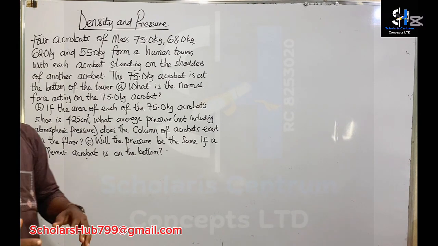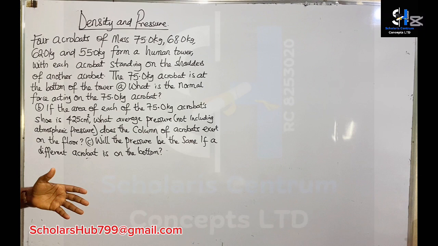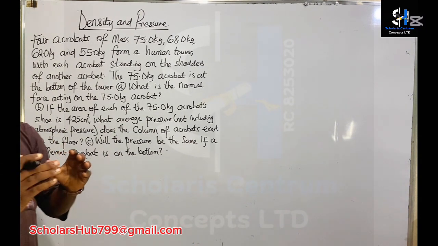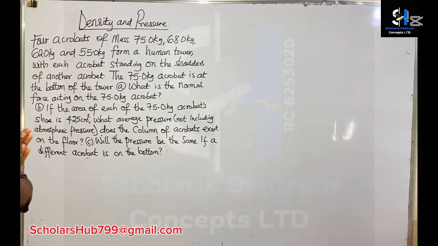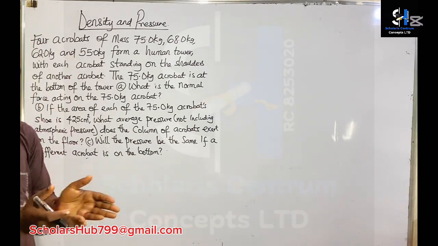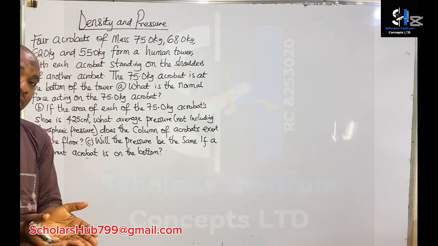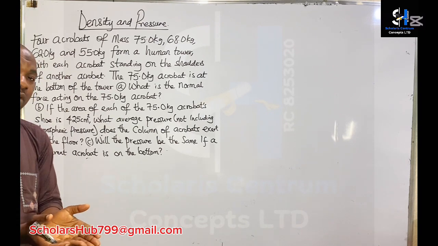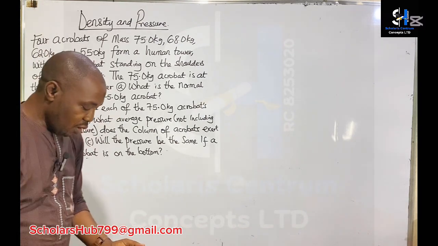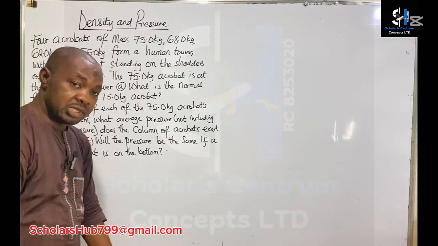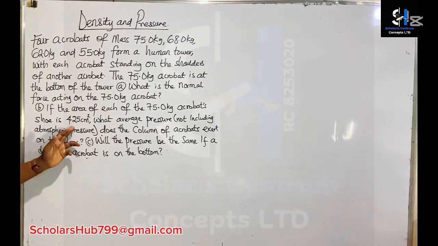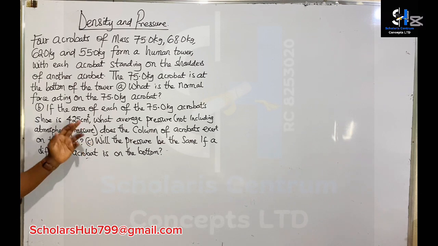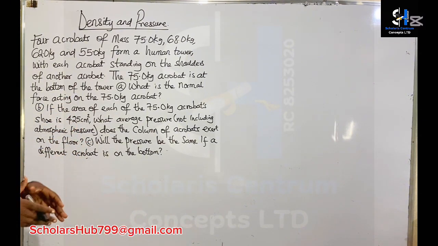In this case, we calculate the total weight and divide that by the area of each of the 75 kilogram acrobat's shoes, because that person is at the bottom, and the area of each of their shoes is 425 square centimeters. So the total weight per unit area will be equal to the pressure exerted on the floor.